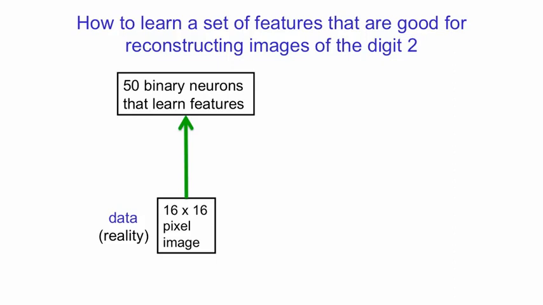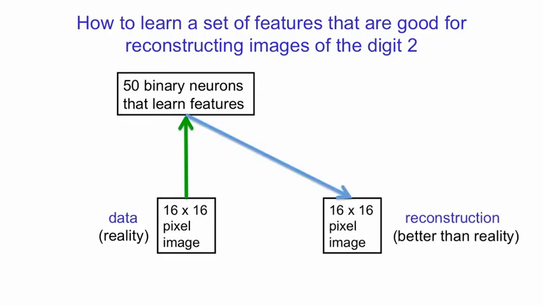That is, for each of the binary neurons, it makes a stochastic decision about whether it should adopt a state of 1 or 0. It then uses these binary patterns of activation to reconstruct the data. That is, for each pixel it makes a binary decision about whether it should be a 1 or a 0.